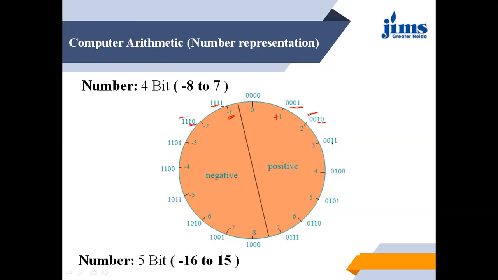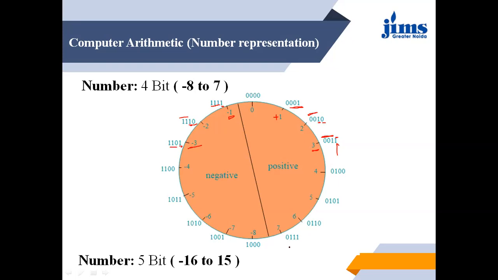In the same way, you can check the binary representation of 3 in -3, meaning in negation or in 2's complement. We have to start from here. We write the first 1 as it is, and after that we change the digits from 0 to 1 and 1 to 0.